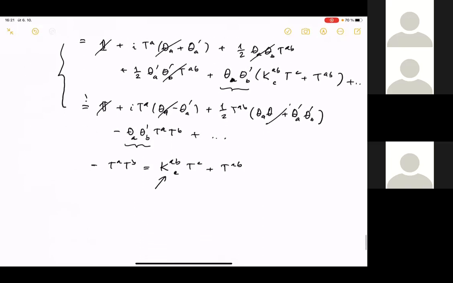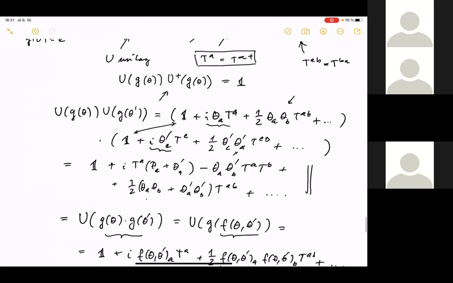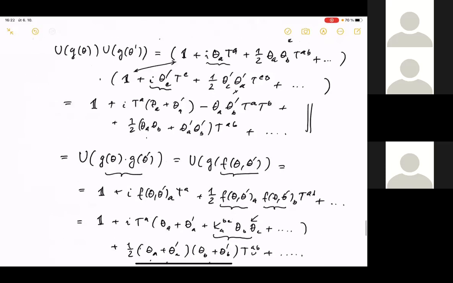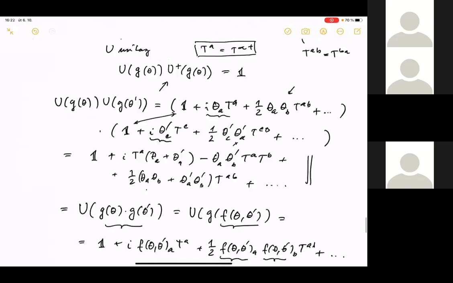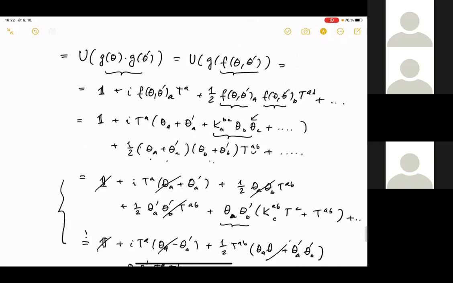so if we know this K, the composition law, we can express these TABs, that means the quadratic terms in the expression of the unitary operator representing the corresponding group element with parameter theta, in terms of the product of the linear terms in the corresponding expansion. We have here linear terms, here is a quadratic term, and these quadratic terms are related to the linear terms, as we have seen.